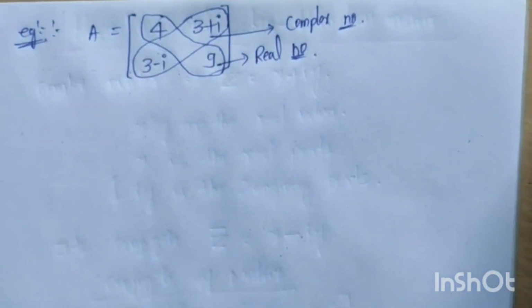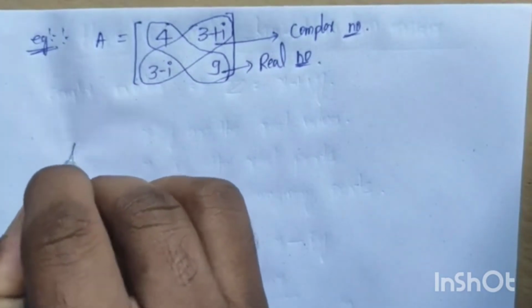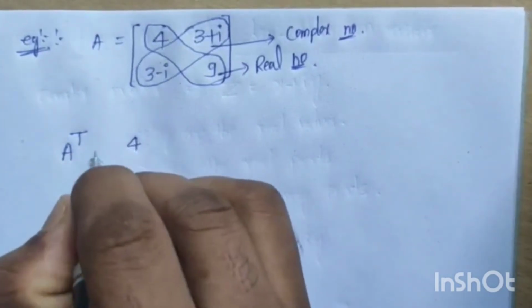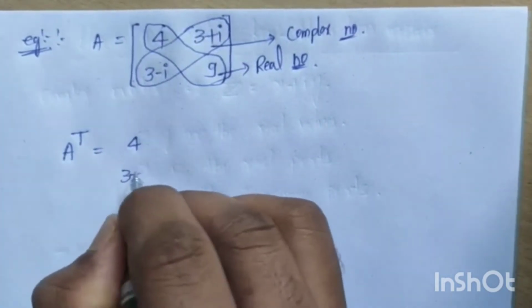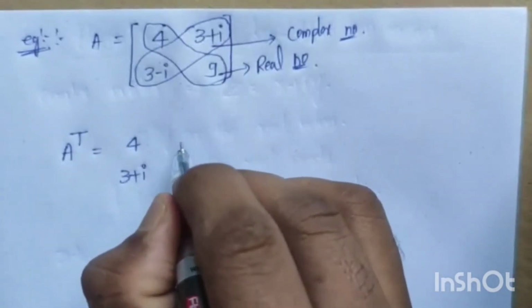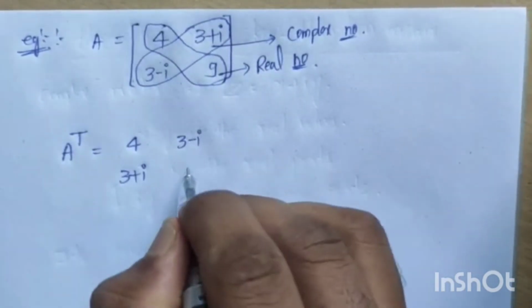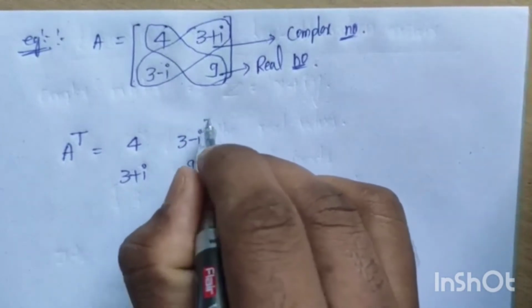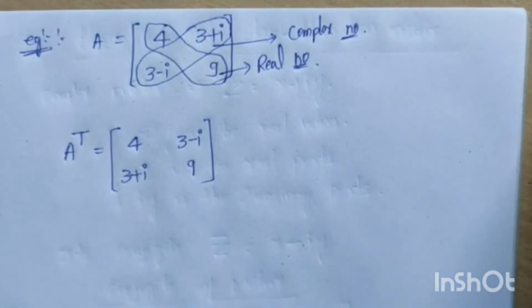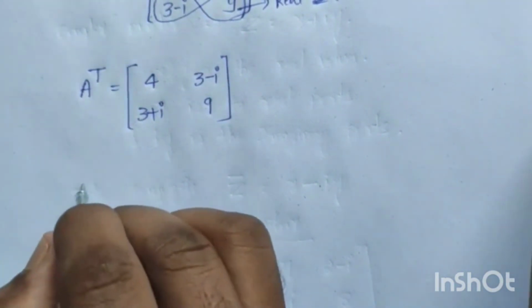Take the transpose. A transpose: first row becomes first column, 4, 3 plus i; second row becomes second column, 3 minus i, 9. It is A transpose. Next take A conjugate, A to the power of theta.